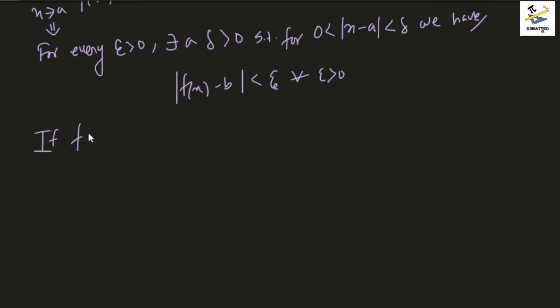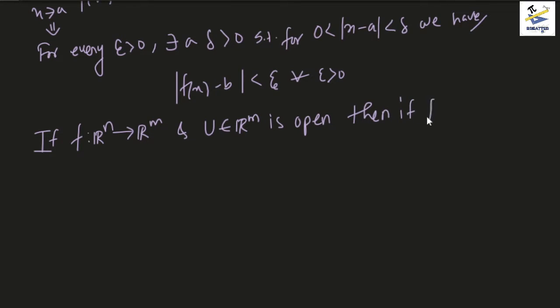If f goes from R^n to R^m, and U belongs to R^m is open, then if f inverse of U is open, then f is continuous.